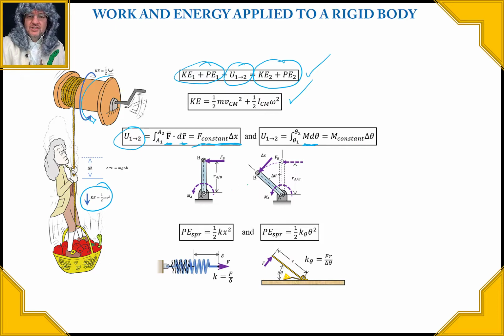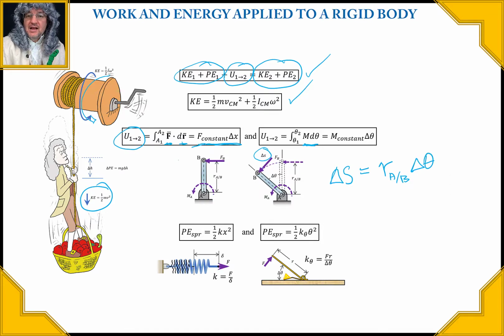But how can these two things be equivalent to each other? If we move this force along, the path, that delta S, would be equal to the radius A with respect to B times delta theta.